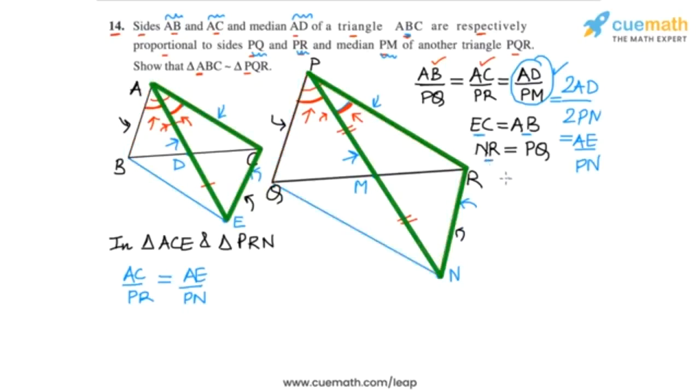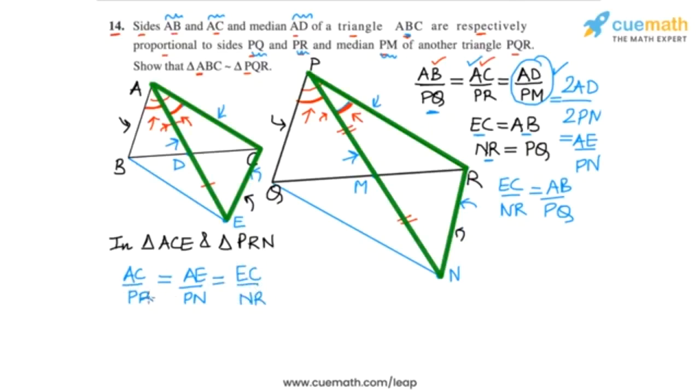So EC by NR will be equal to AB by PQ, and originally we are given that AB by PQ is equal to AC by PR. So EC by NR will also be equal to AC by PR.